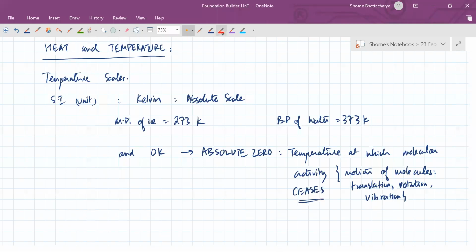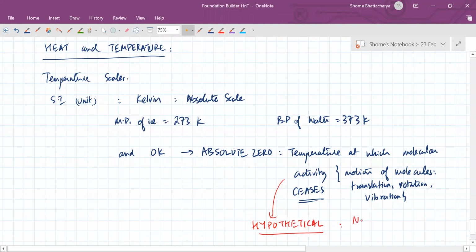So it is what we call a theoretical temperature. This is hypothetical. Okay, it is not achievable in practical physics.